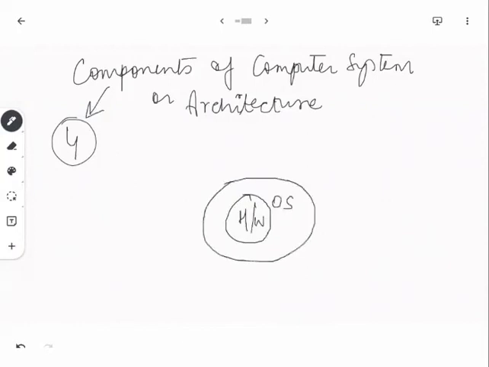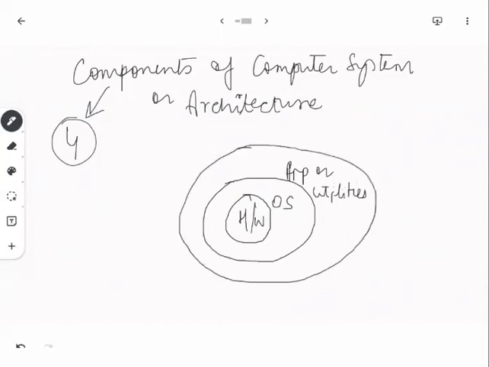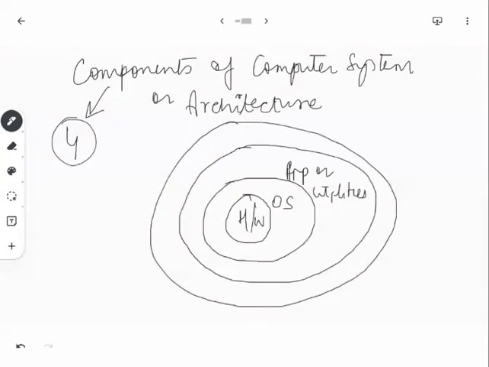After the operating system, we have various applications or utilities. These are the programs which are run by the different users. And outside it, we have various users, like user 1, user 2, user 3, and likewise many users till n users.